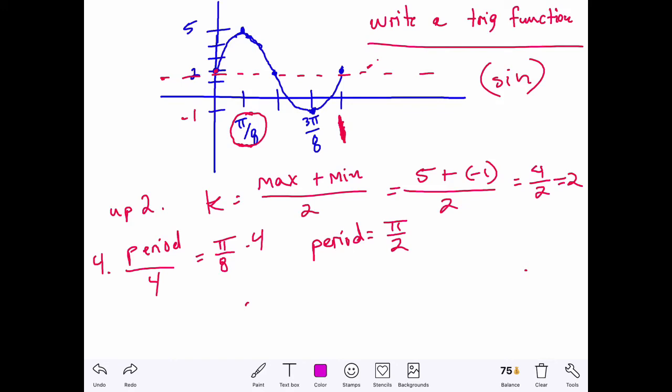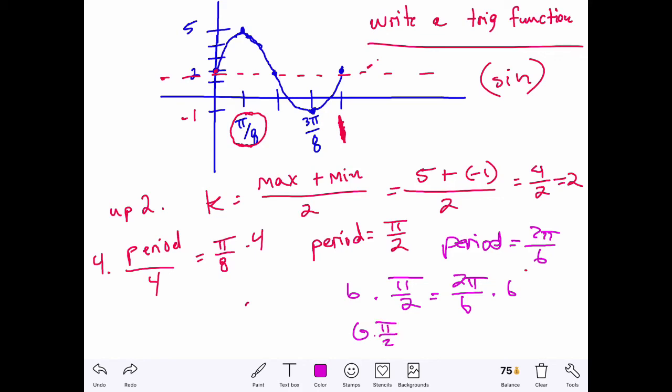Well, period, remember, equals 2 pi over b. We can always substitute in our period, pi halves, and solve for b. Multiply by b on both sides. And then what would we do with b times pi halves here?